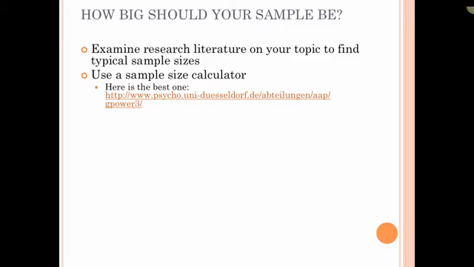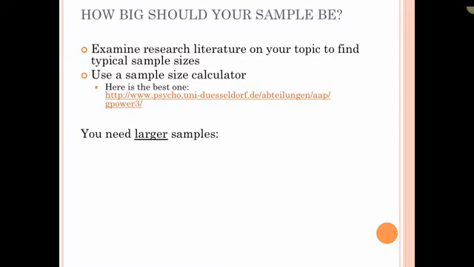But the larger your population, the more likely you will be to pick a sample and not do what's called a census. A census is when you include every single one of your population members in your study. But that can be unwieldy and almost impossible when your population is large.